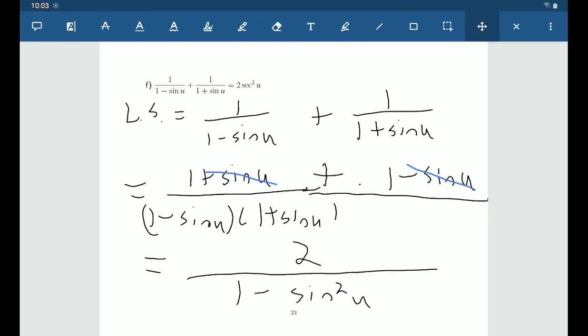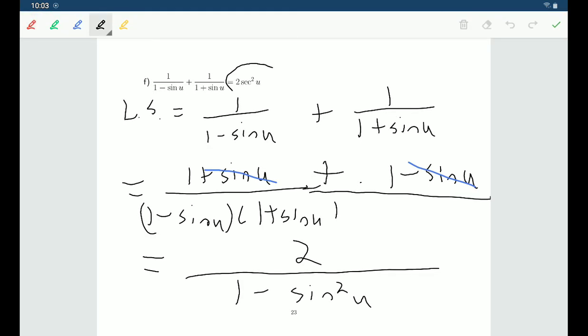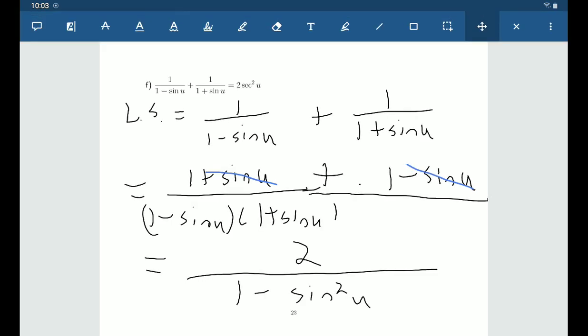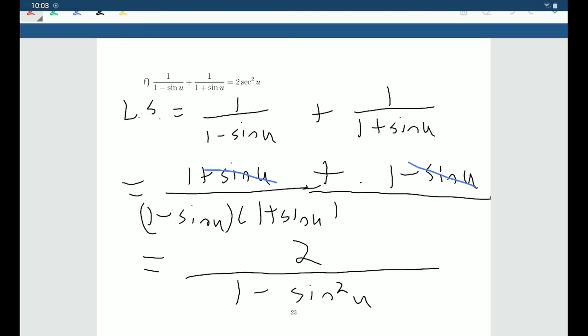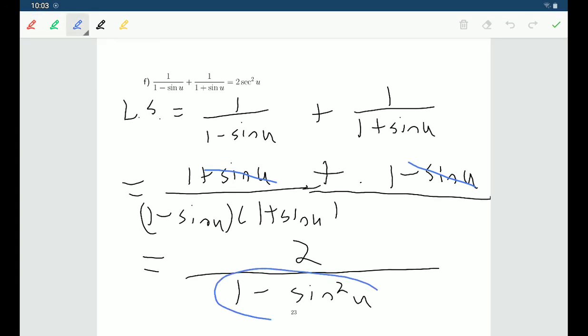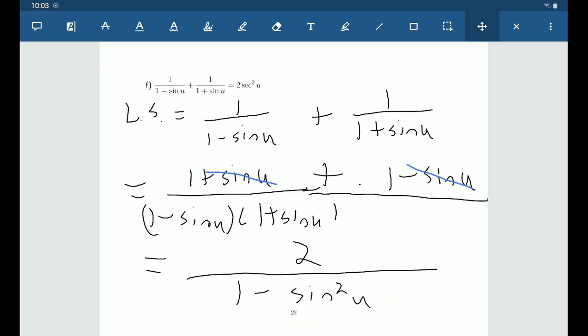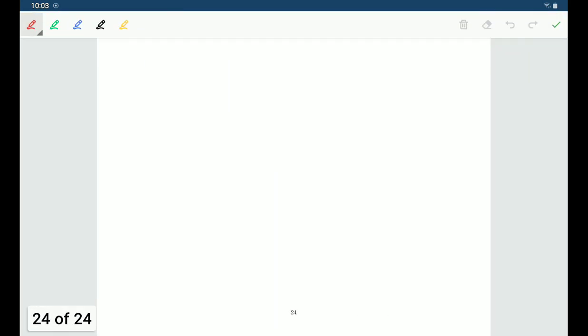And that's getting us very close to where we want to be, because the right side is 2 secant squared, and we've got the 2, so that's one step closer to getting to the right side. Now, I'm looking at the denominator here, and the denominator is 1 minus sine squared, and again, that's our old friend, the Pythagorean identity, coming back again. 1 minus sine squared is the same thing as cosine squared, so we have 2 over cosine squared u.